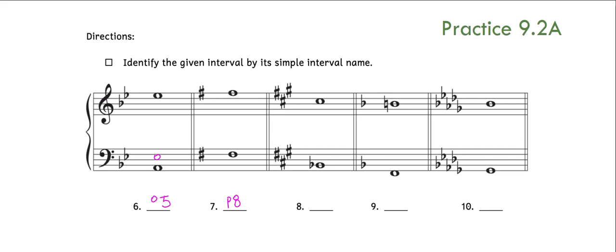All right, number 8. Let's go ahead and move the C# down here. This is some kind of second. Now notice there's a B flat and a C#, so we know it's either augmented or diminished. So if B flat to C is a whole step and C# makes it bigger, this is an augmented second.